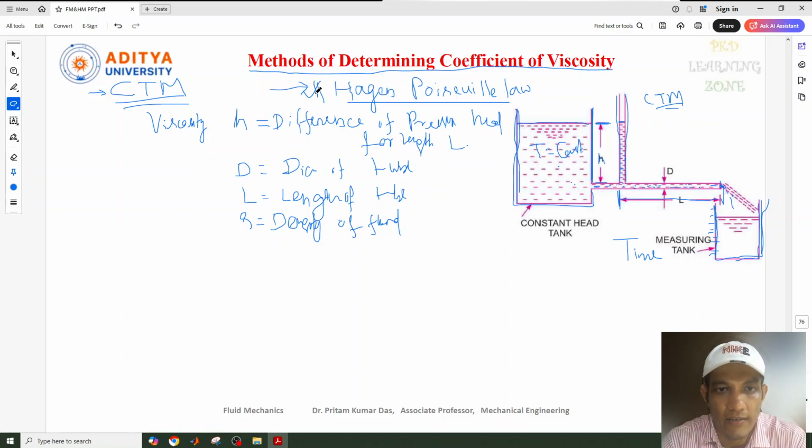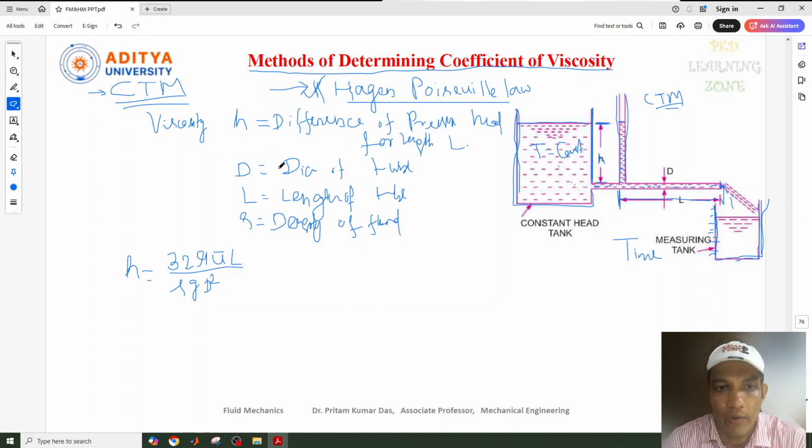So based on that, I can write H equal to 32 mu u bar L divided by rho g d square. Actually this is the formula.